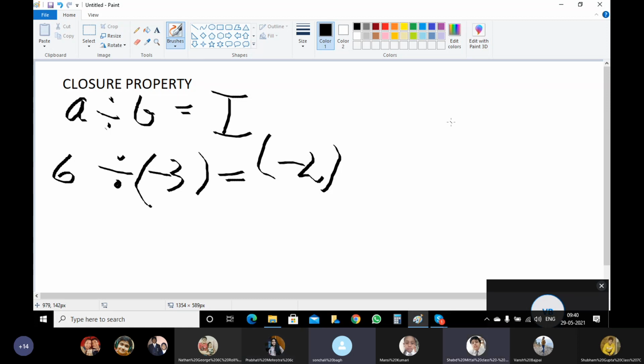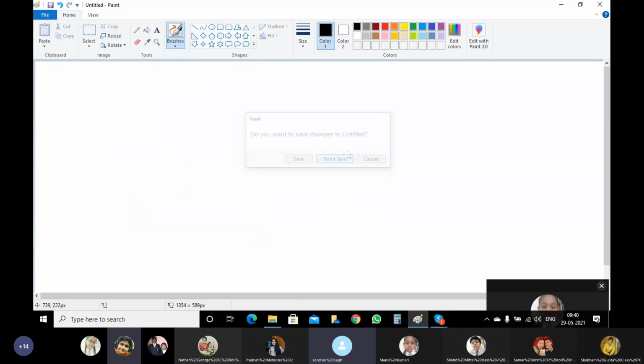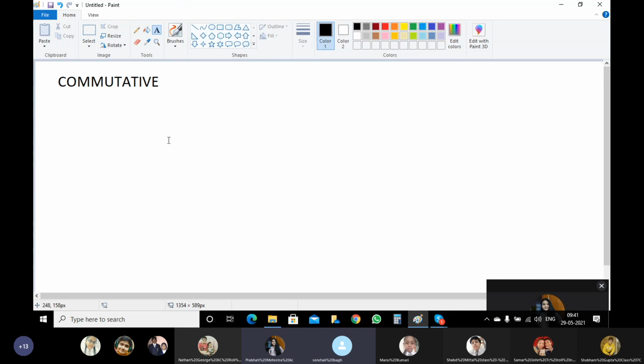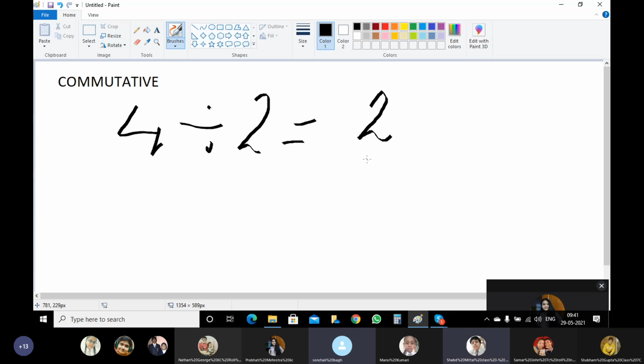Now, is commutative property possible? No, ma'am. Why? Because it is A divided by B, but it is not possible that B divided by A. Let's see an example. If I am dividing 4 by 2, I am getting 2.